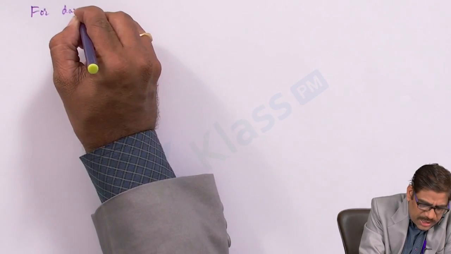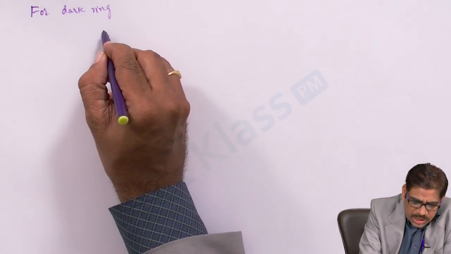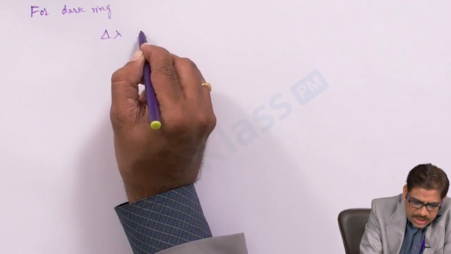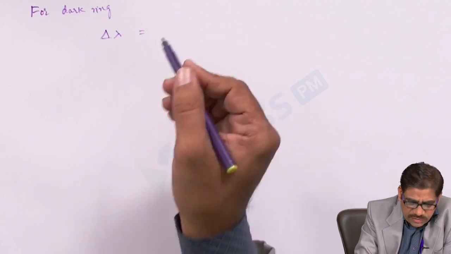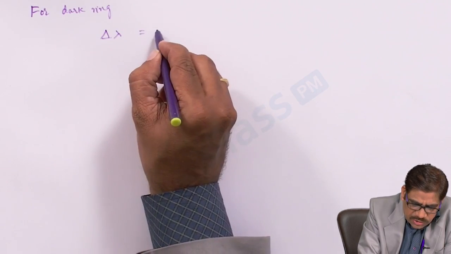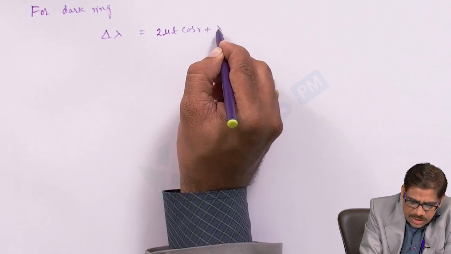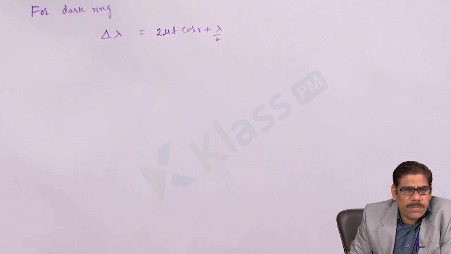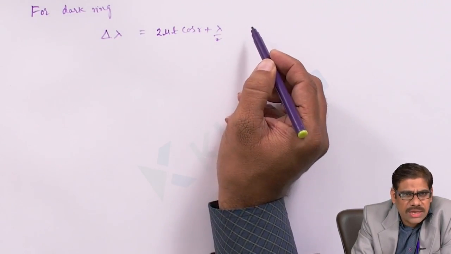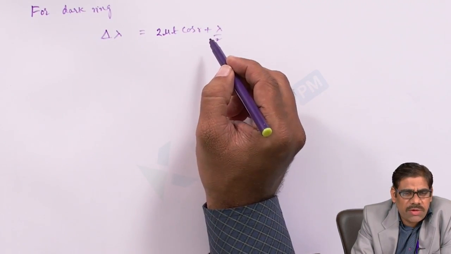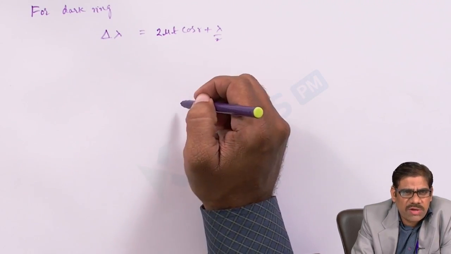For the dark ring, the same product is written as delta lambda equal to 2 mu t cos r plus lambda by 2, which is the additional path difference. For normal incidence, cos r is equal to cos 0 is equal to 1. So 2 mu t plus lambda by 2, with mu equal to 1 for air.